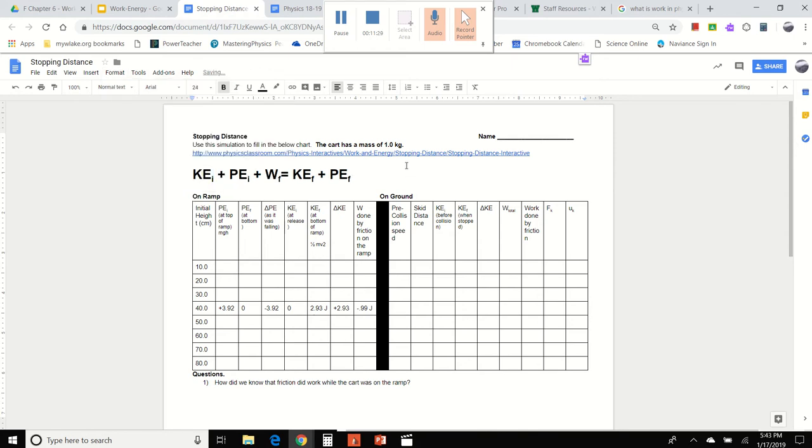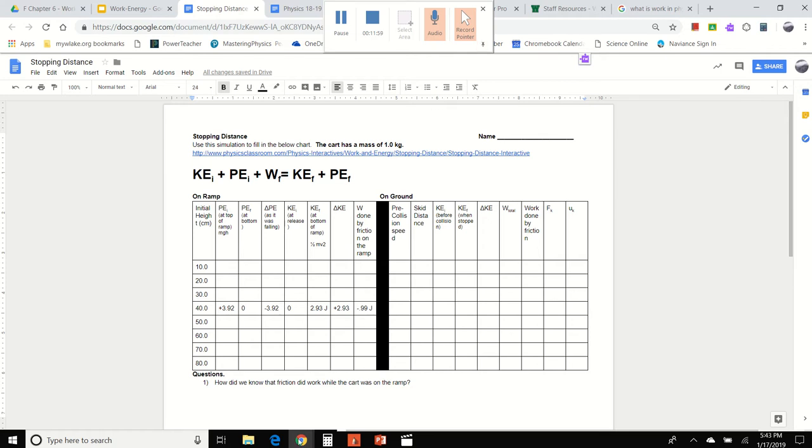Okay, so this lab's going to take a day or two, but it really kind of sums up a lot of different things that we're talking about all at the same time. Okay, so the work done, this is the work done by friction, initial KE, initial PE, and so on. But remember, there is no KE initial, so that cancels. There is no PE final when we're on the ramp. Okay, so that's the first half.